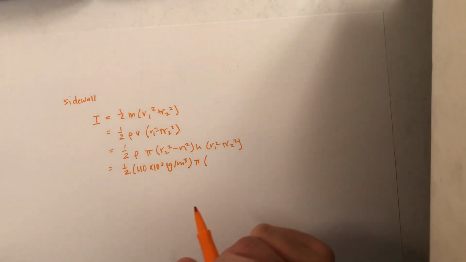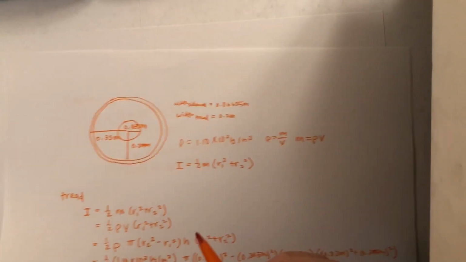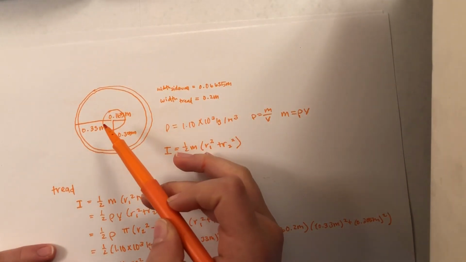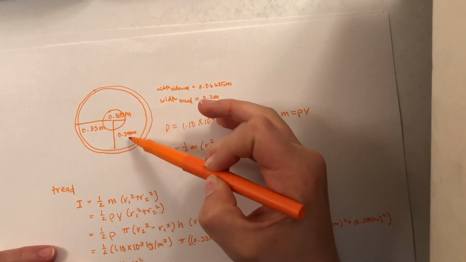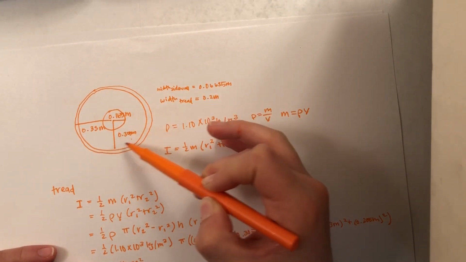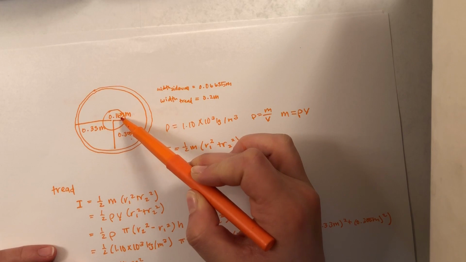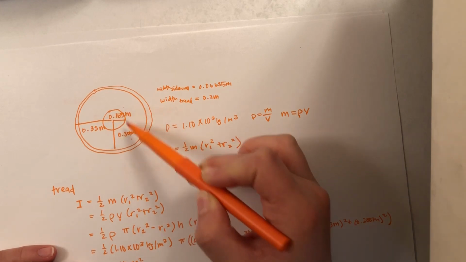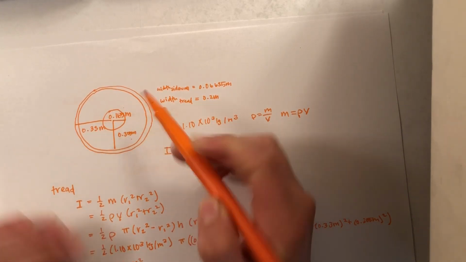Okay, so the larger radius for the sidewall is 0.305 meters, and the smaller radius is 0.165 meters. So it's the inner area right here.